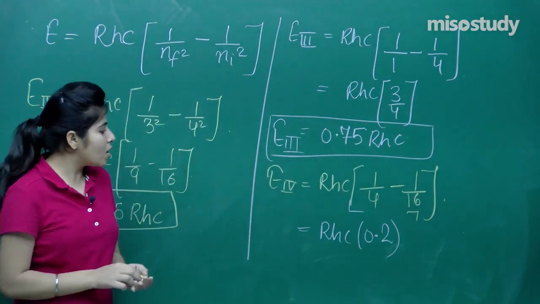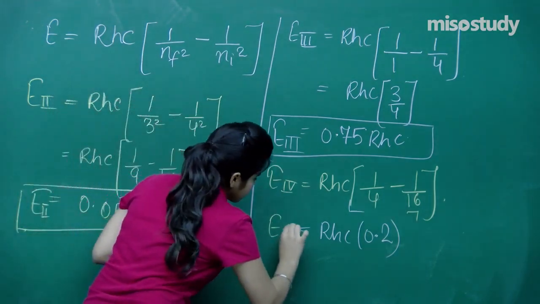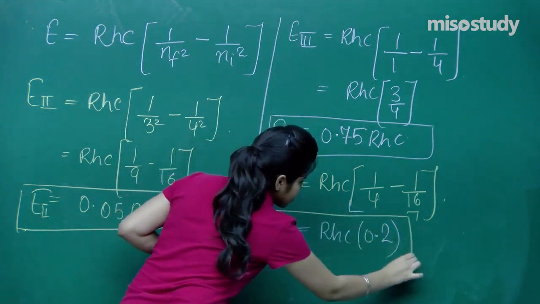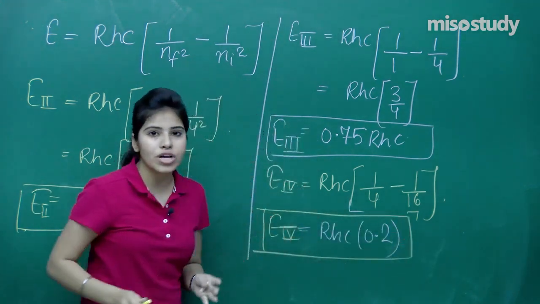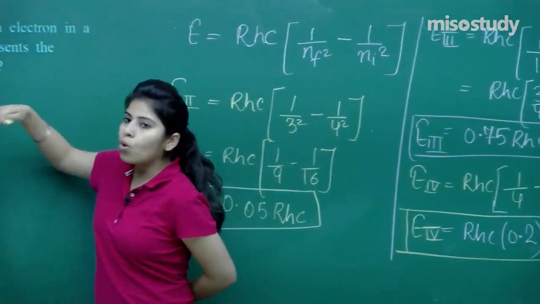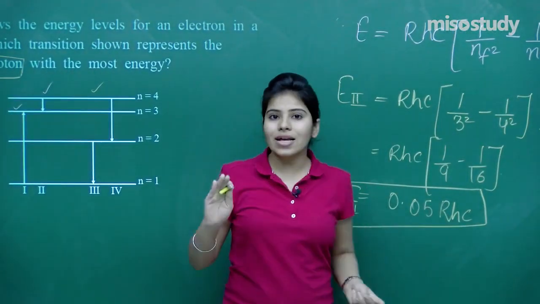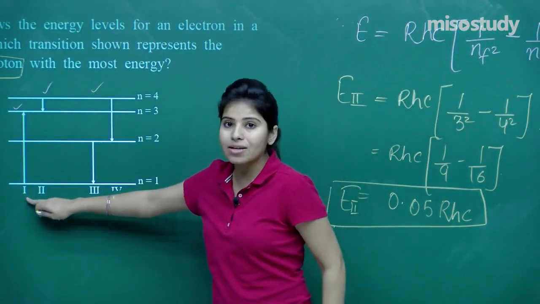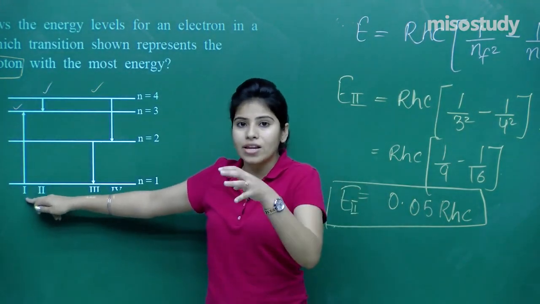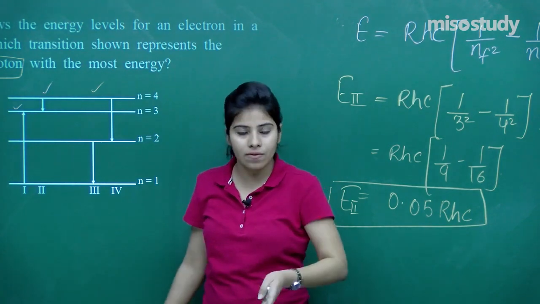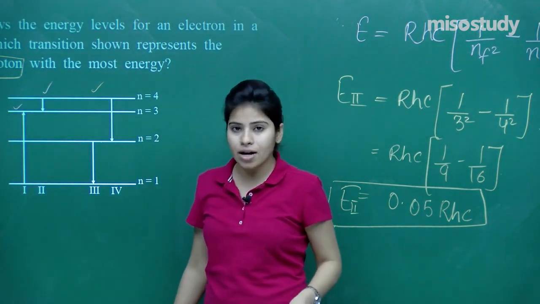Now what you can observe from here is that we have to tell which is the most energy. The one thing I ignored was the first one, because in that case your energy will come out to be negative, so that option is directly deducted.